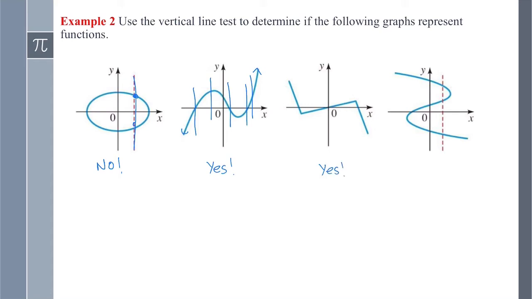And here, there's a vertical line cutting the graph at 3 different points, so this is not a function. So that's how we can determine whether a given graph is a function or not using the vertical line test.